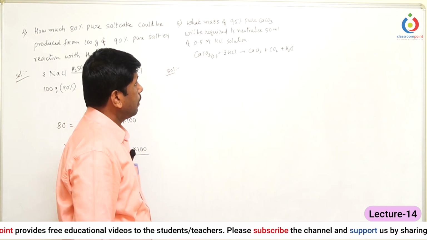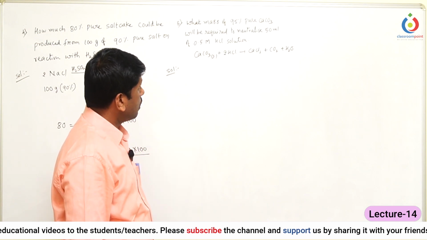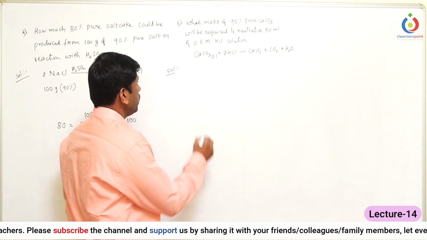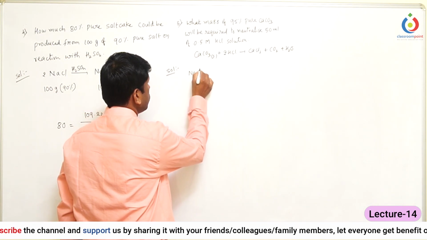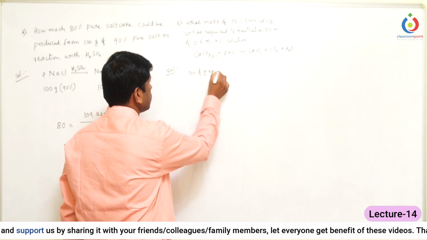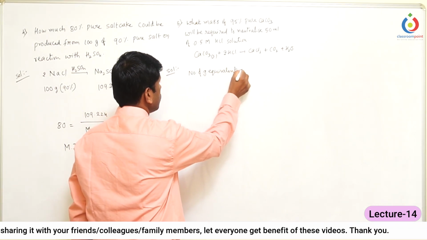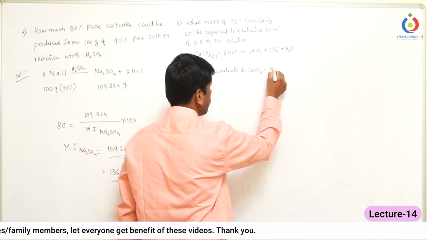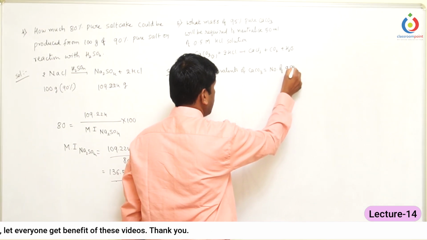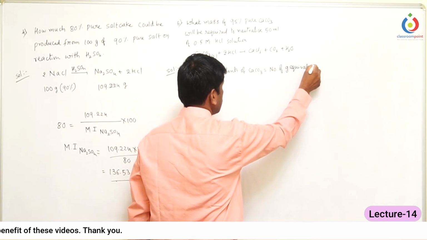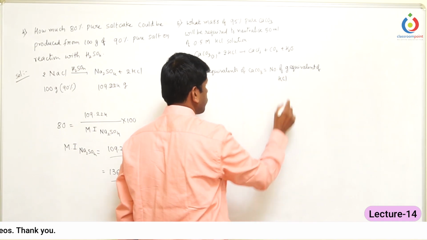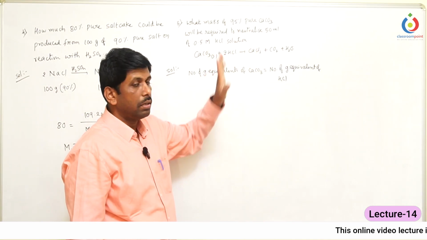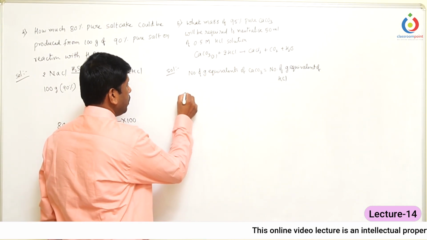First of all, we need to calculate the number of equivalents of the CaCO3 present. For any question, the number of gram equivalents of CaCO3 equals the number of gram equivalents of HCl. So let us calculate the number of gram equivalents of HCl, because its molarity and volume are available here.